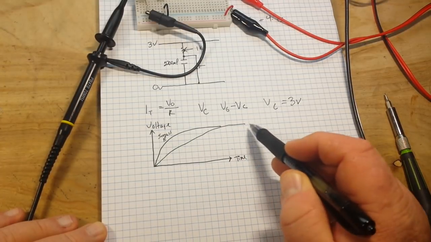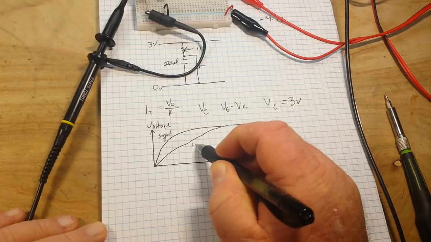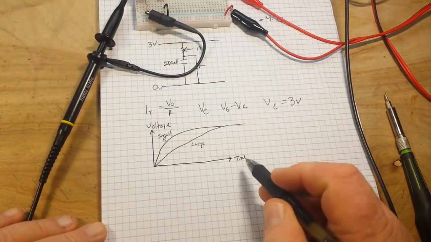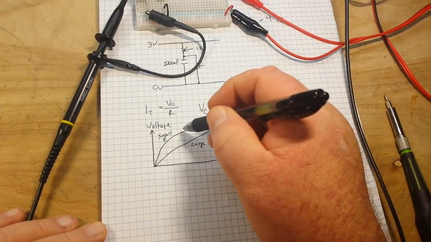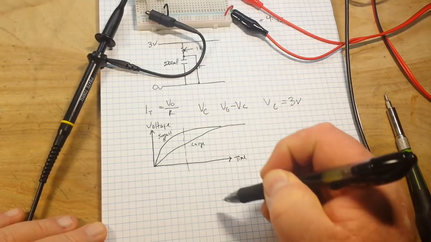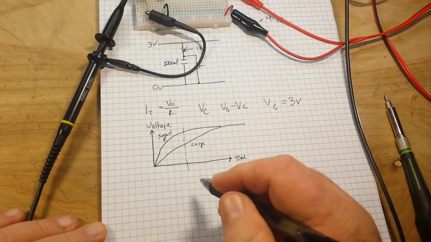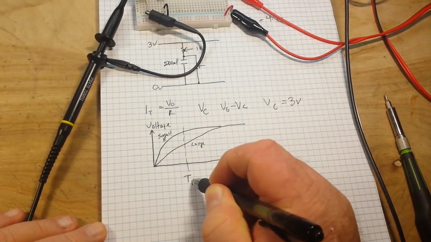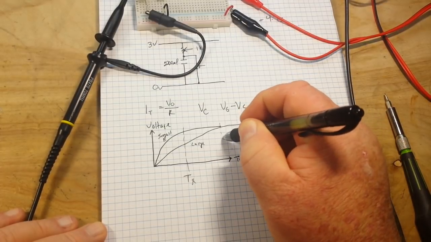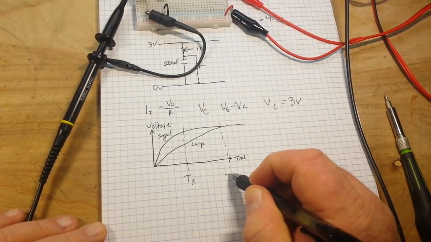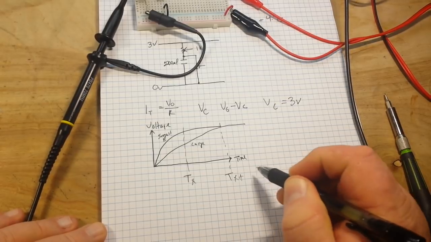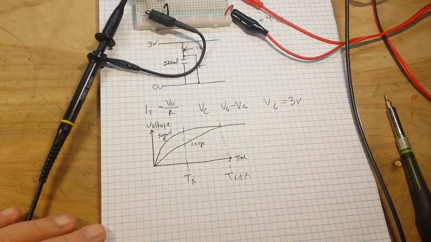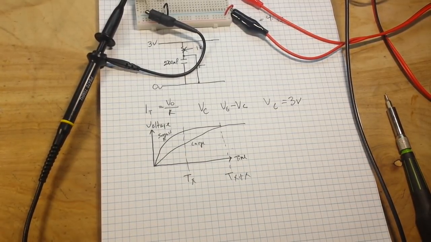We still have the curve, but the time is much greater. You see, we're reaching our saturation voltage at, we'll call it TX. And with the larger resistor, we're not reaching it until TX plus X, whatever we want to call it. So that is how it works for our charging.